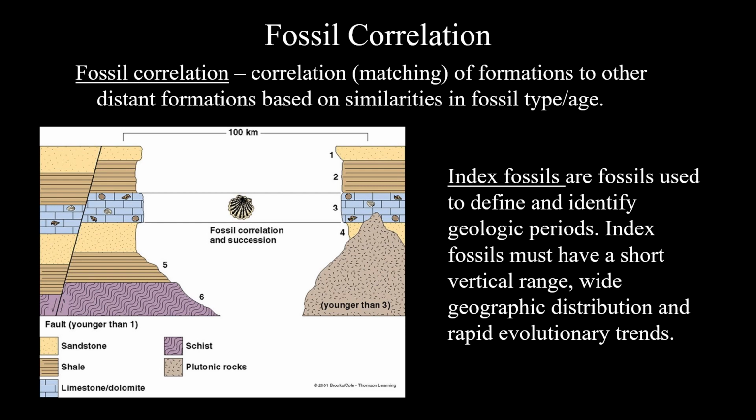And occasionally we have what are known as index fossils. Now, index fossils are these wonderful pieces of information because index fossils are little buggers that had a really wide distribution, meaning they lived in lots of environments on the planet, and they had really rapid evolutionary trends, meaning their morphology was changing pretty quickly.